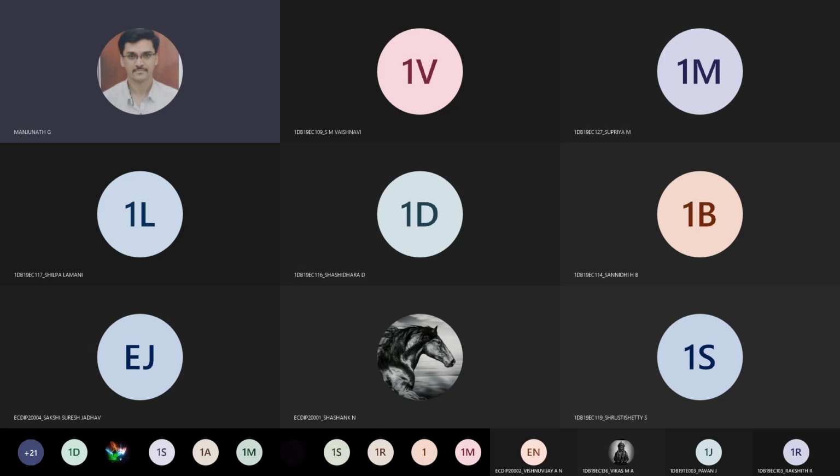So 20 marks from the stability concept till your RH criterion, and 20 more marks from the root locus concept: how to construct the root locus, how to plot the root locus and the problems on that. Is that okay till here? Everyone?